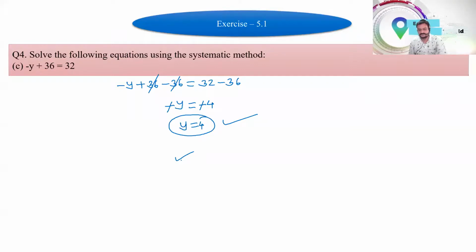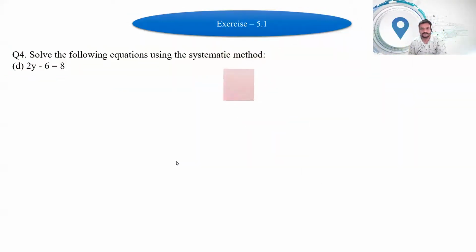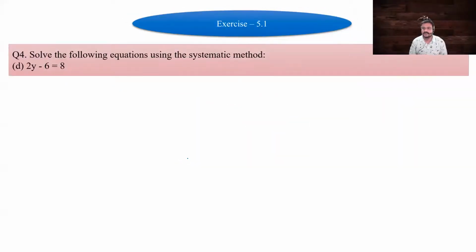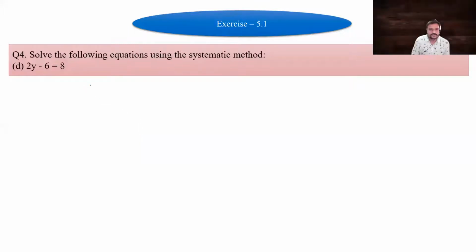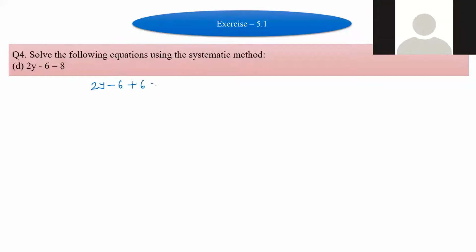Okay, next one. D1. Akshara, bolo. The question is 2y minus 6 equals 8. So we will do 2y minus 6 plus 6 equals 8 plus 6.